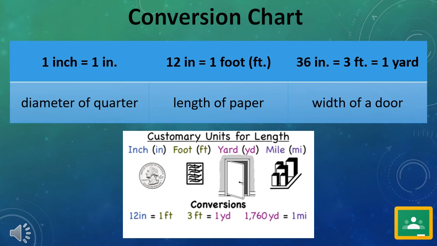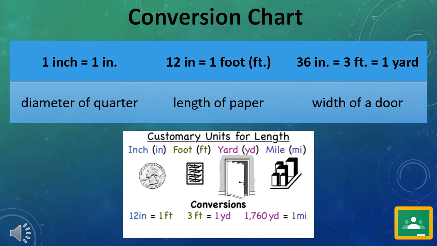and thinking about that object and how much space that object takes up. And you'll determine, again, whether inches, feet, or yards are the best unit to use for measuring that object. There will also be some questions about these conversions. For example, how many inches are in 1 yard? 36.